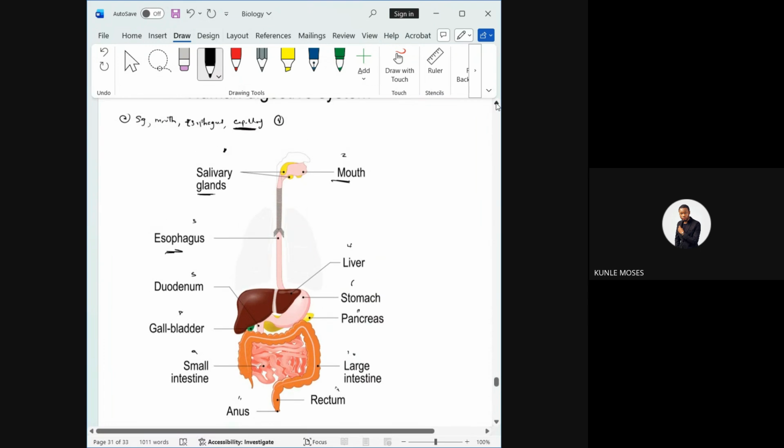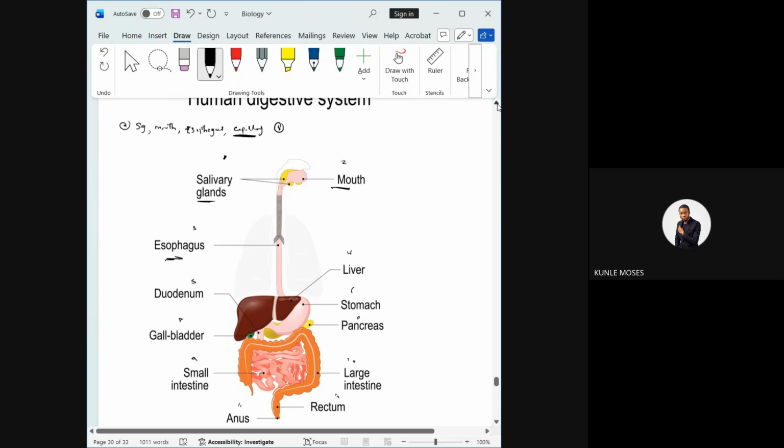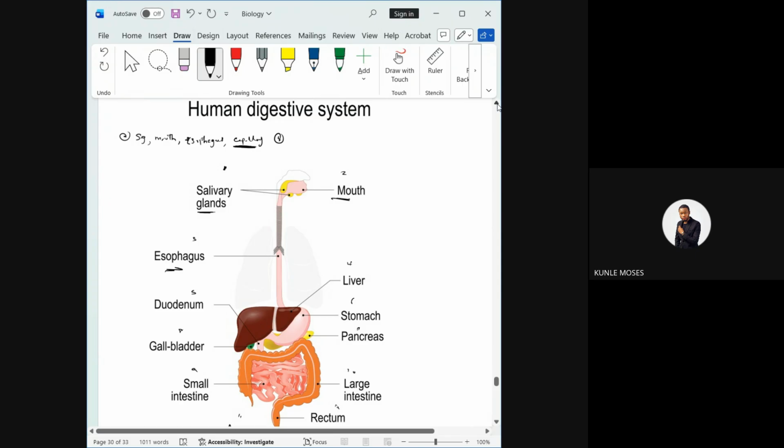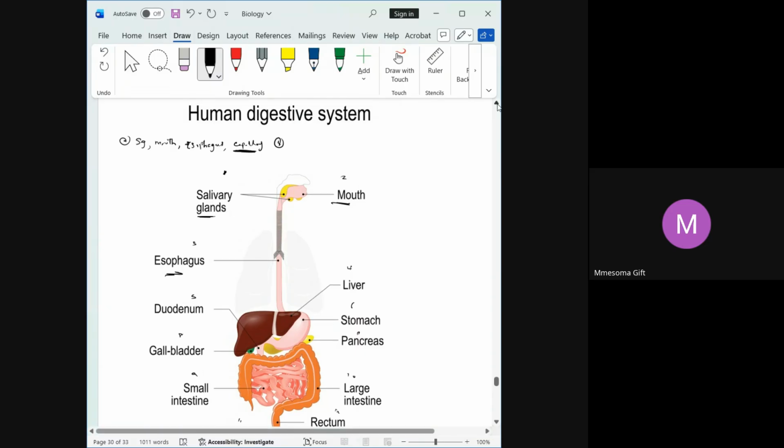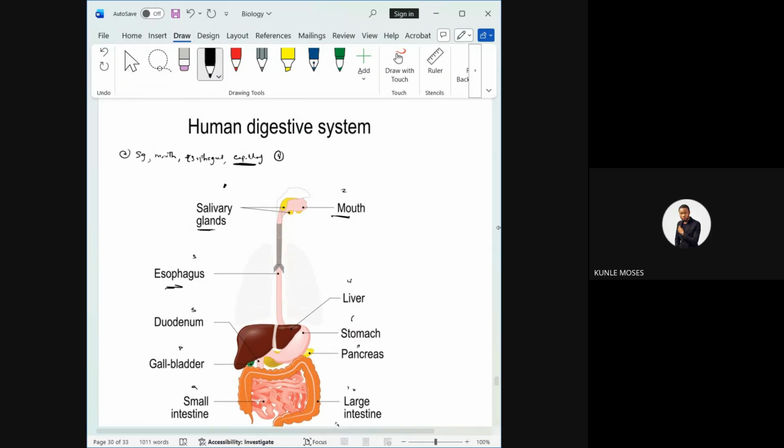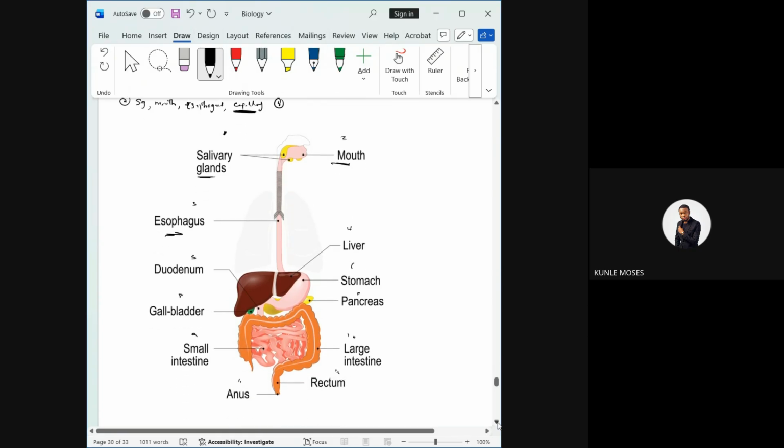Do you understand the structure of the digestive system of mammals? Okay, the human digestive system. Do you understand that one? Yes, I understand this part very well. Okay. So I said that we have three major collective functions.